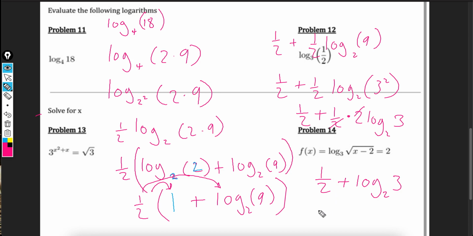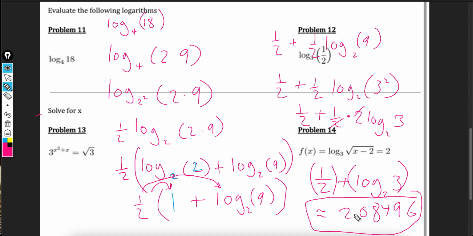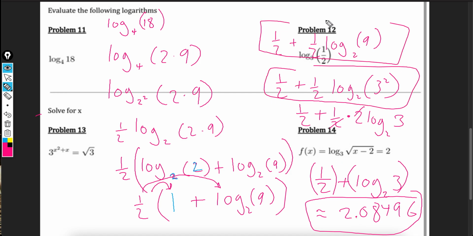Now, if we were to put this into a calculator, 1/2 plus this guy alone, so remember, this plus that would give us 2.08496. I didn't do the calculation, but that's really all we can go. Actually, you probably get the same thing here. If you plug that in, you'll probably get the same thing here. But we took it as far as we could. So that would be kind of like the longhand way of doing everything. Up to you how you do it, how you evaluate.